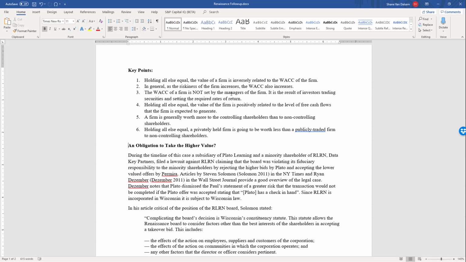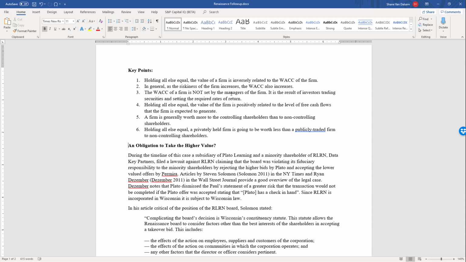The fifth point: a firm is generally worth more to the controlling shareholders than to the non-controlling shareholders. And that's a big deal in this case because the Pauls own the majority of the stock for Renaissance.